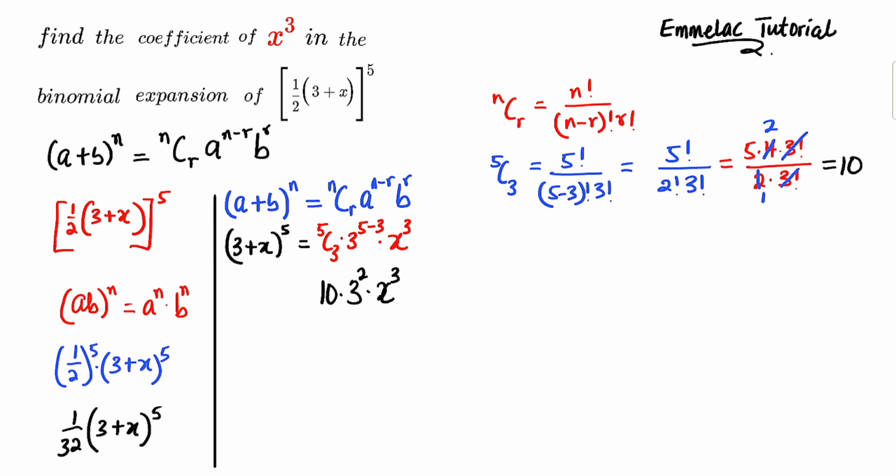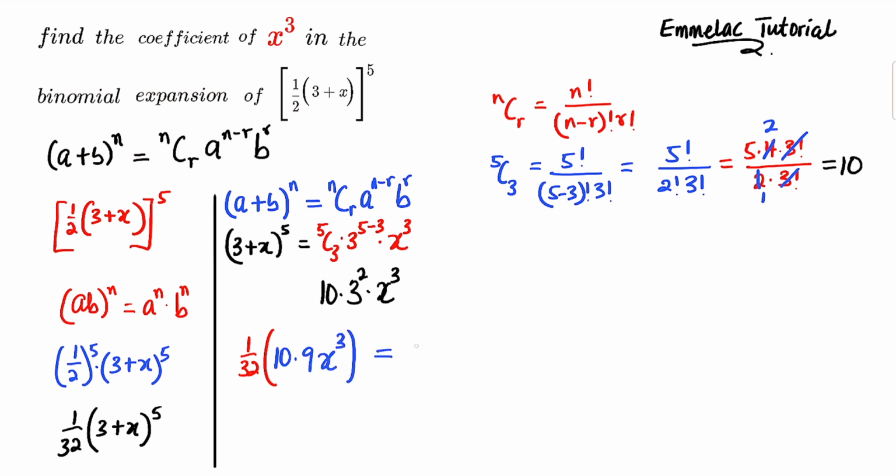Now let us recall that we still have 1 over 32 here. So the whole of this expansion is given as 1 over 32 times 10 times 3 raised to 2, which is 9, then x raised to 3.